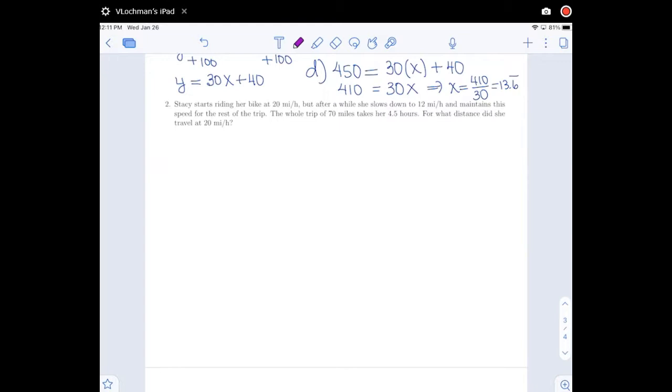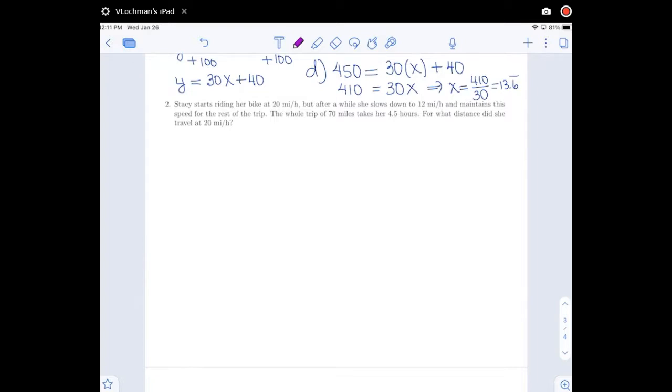And then she maintains this speed for the rest of her trip. The whole trip distance is given to us. Okay, it's 70 miles. And also the entire time is given to us, 4.5 hours. Okay, the question is, for what distance did she travel at 20 miles per hour?